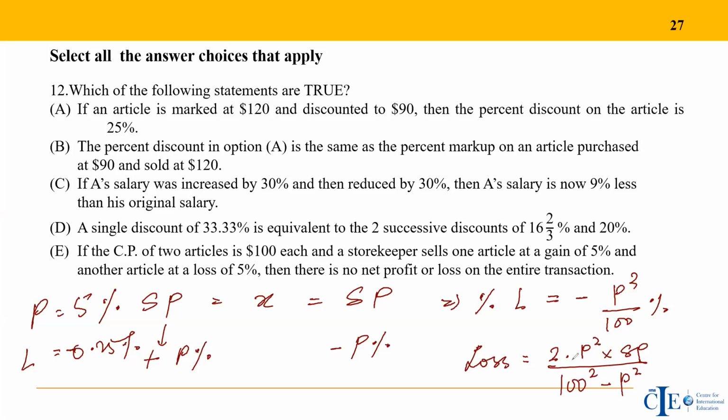Like in our case, if we try to find out how much he lost, not the loss percent, but the loss amount, then it is 2 into P square. P square would be again 5 square, 25, into the selling price, which is 100 here. And the denominator is 100 square minus P square, which you can write as 100 minus P times 100 plus P. That will be 100 minus 25, that is 75, into 100 plus 25, which is 125.